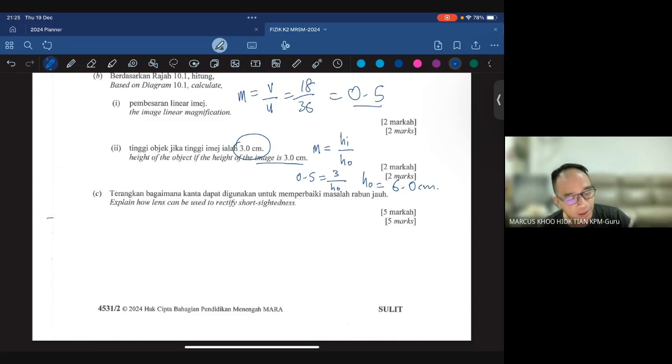So the first line is the type of lens used is concave lens. This is important. Then after that, the light will diverge after passing through the lens.